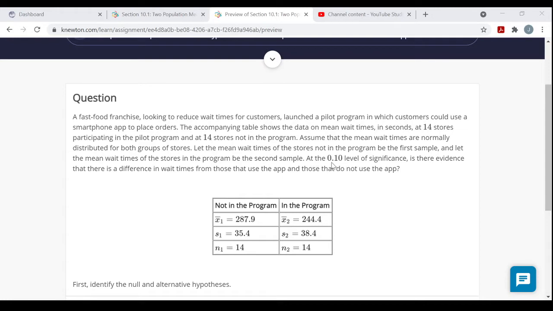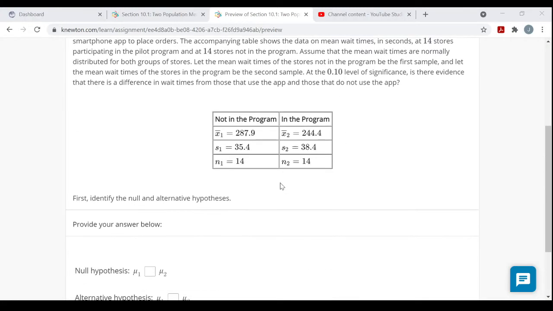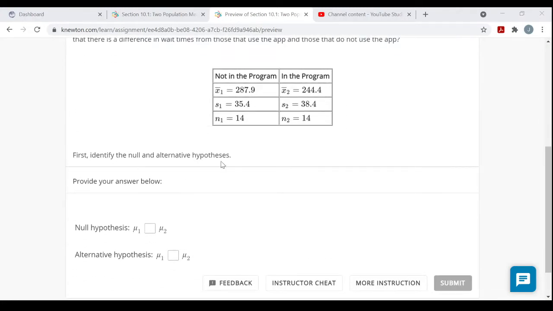All right, at the 10% significance level, is there evidence that there is a difference in wait times between those that use the app and those that don't use the app? So we're given all this information about the sample here. Now first we're asked to identify the null and alternative hypotheses.